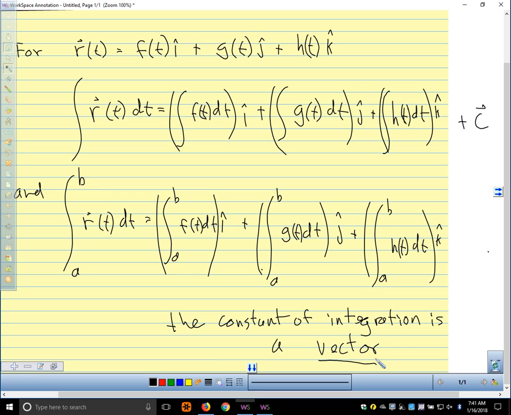So we do end up with three constants of integration, but we get one vector. This would give our x component, our y component, our z component. We combine them into one vector.